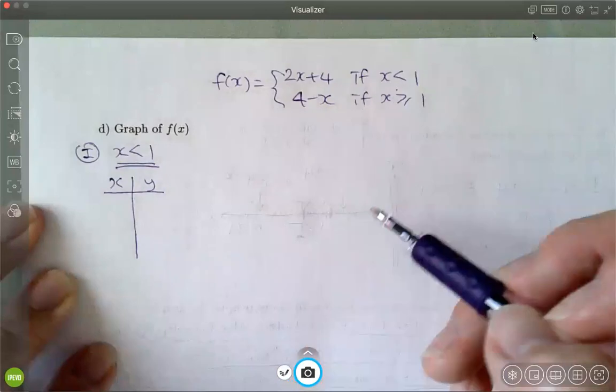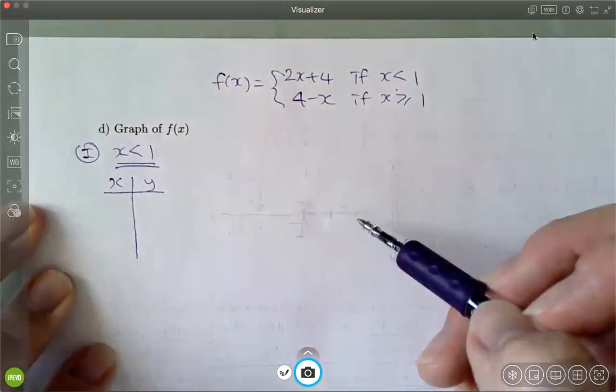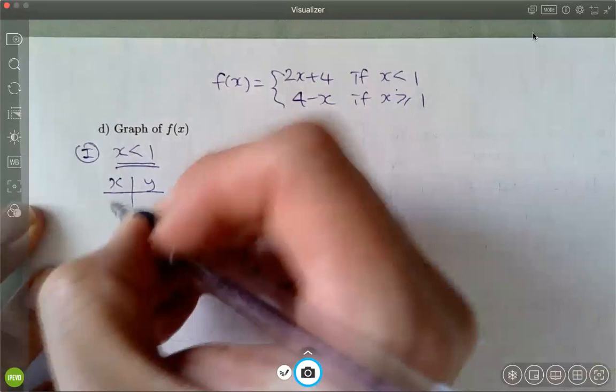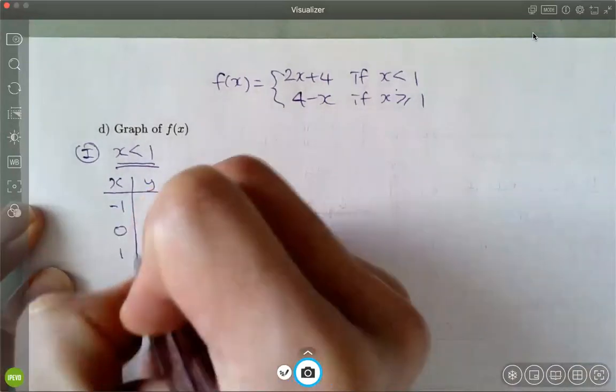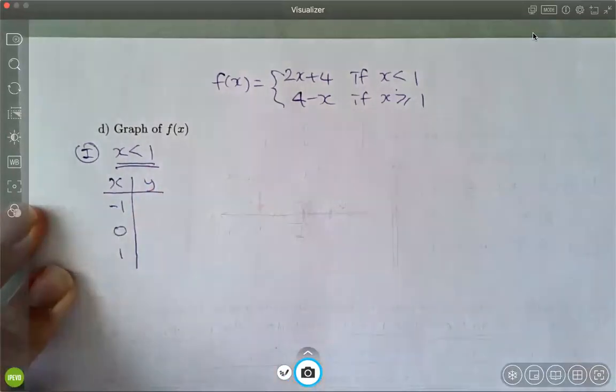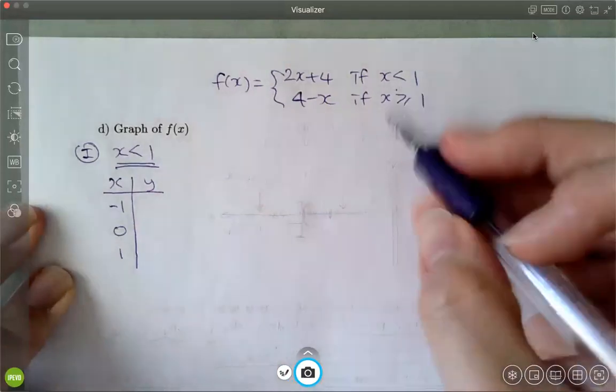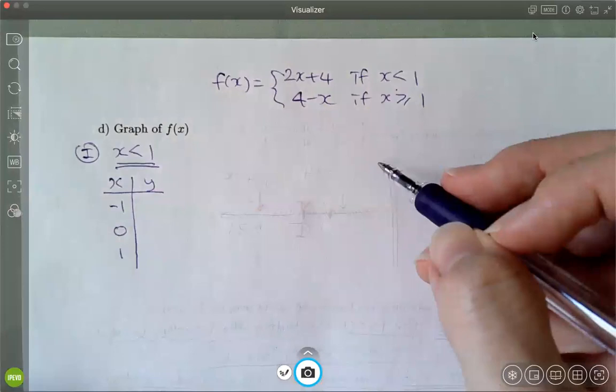Oh, yeah, -1. So -1, yes. Now some of you might ask, well, 1 is not less than 1, so why do we ever choose 1? Well, because 1 is the boundary point, right?